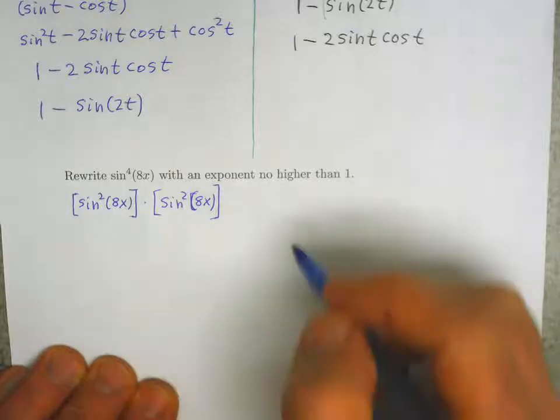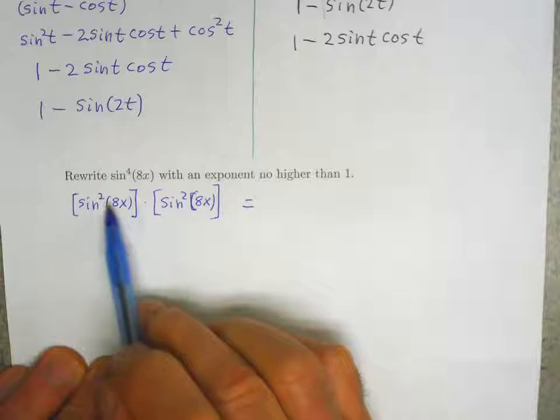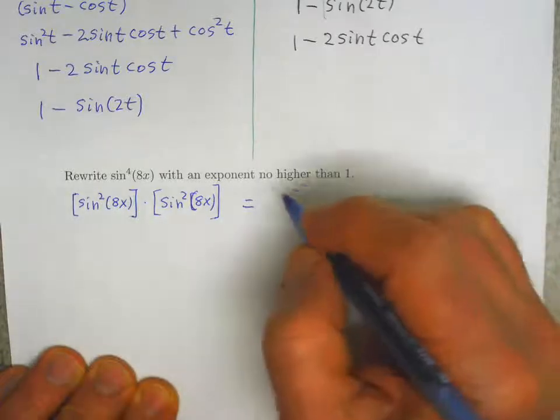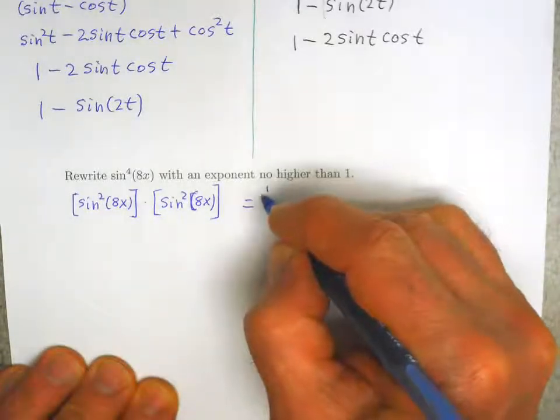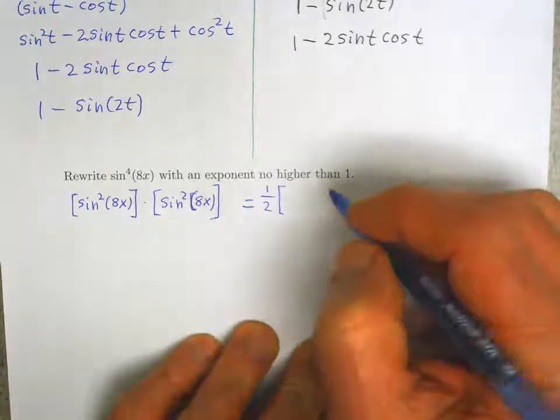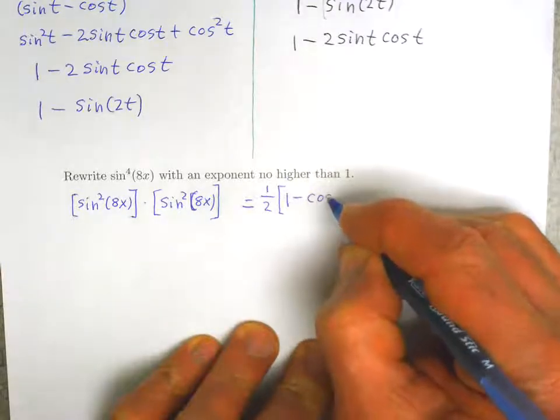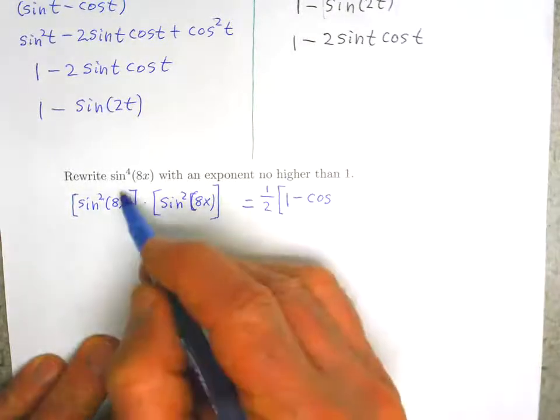So the reduction formula for sine of an angle squared is 1/2 times 1 minus cosine of 2 times the angle.